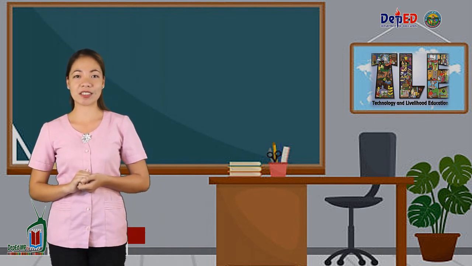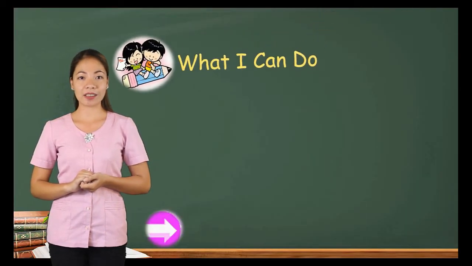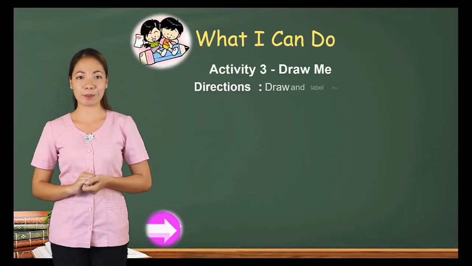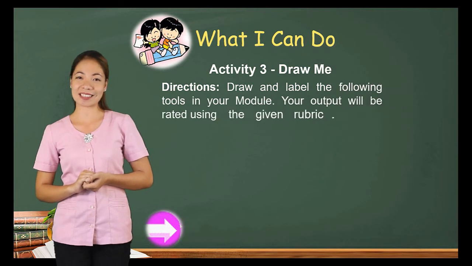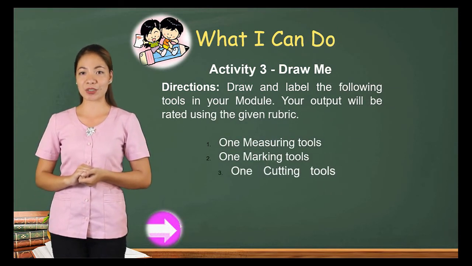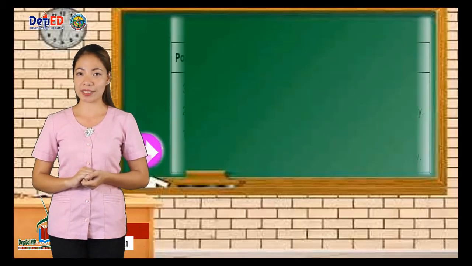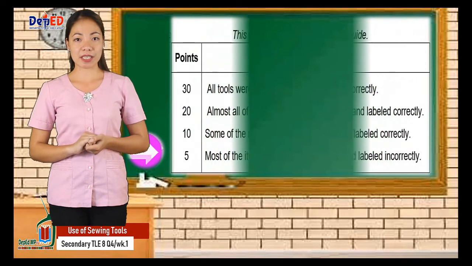Here is another challenging task for you. Show that you already learned something after learning the tools and equipment in sewing by doing this task. All you have to do is to draw and label the following tools in your answer sheet. Your output will be rated using the given rubrics. This scoring rubric serves as your guide.